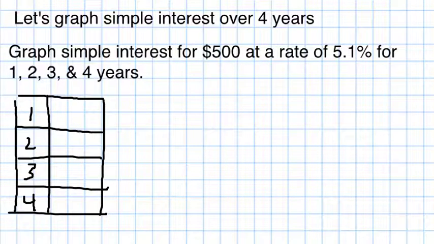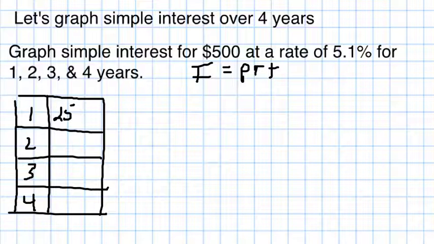Okay, so when I use the formula, I equals PRT, for the first year, the time is going to be 1 year. The rate's going to be 0.051, and my principal amount is $500. So when I calculate that, I'm going to get $25.50.